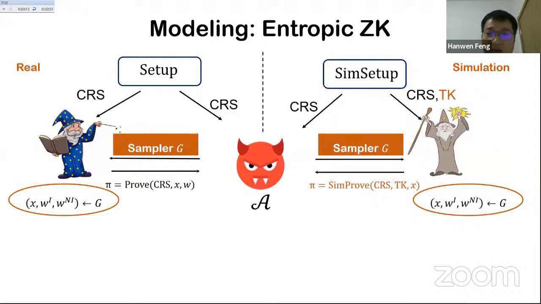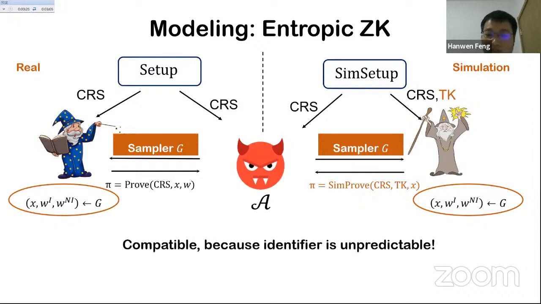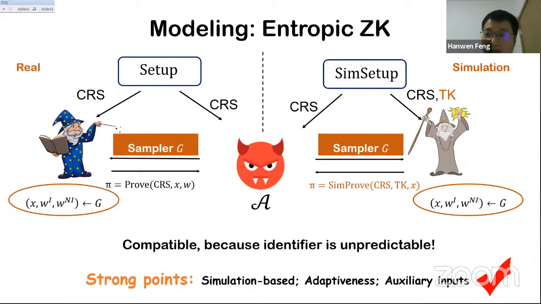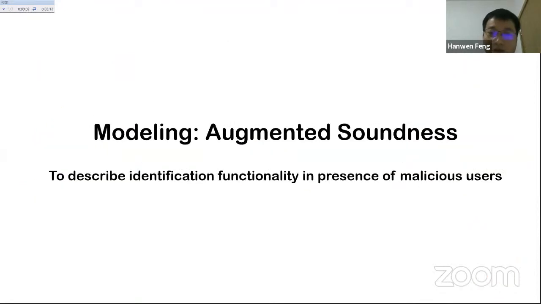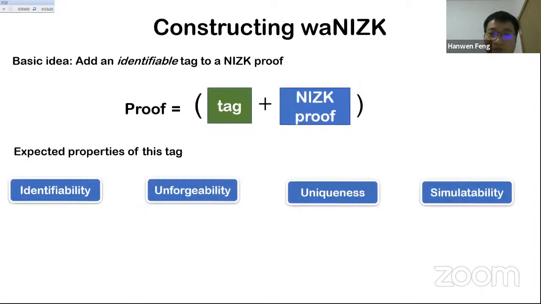This sampler is a randomized algorithm and outputs a statement and witness, such that the identifier is always unpredictable given all public information, such that this definition will be compatible with identification. All strong points are preserved as much as possible. Besides privacy, we also need several augmented soundness definitions to describe identification functionality in the presence of malicious users.